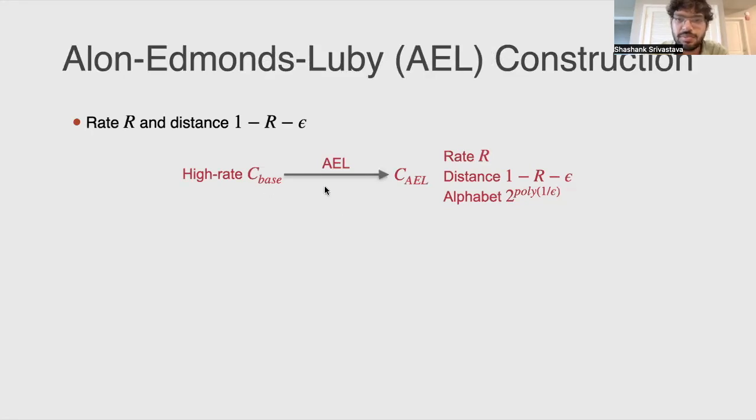That distance is boosted to 1 minus R minus epsilon, and then the rate drops from 1 to R. So the distance is boosted and the rate drops near optimally. And in the process, the alphabet of the code becomes 2 to the poly 1 over epsilon. But recall that epsilon we can choose to be any constant that we want. So it can be small but a constant, and this gives codes that almost achieve the same behavior as Reed-Solomon, but with a constant size alphabet.